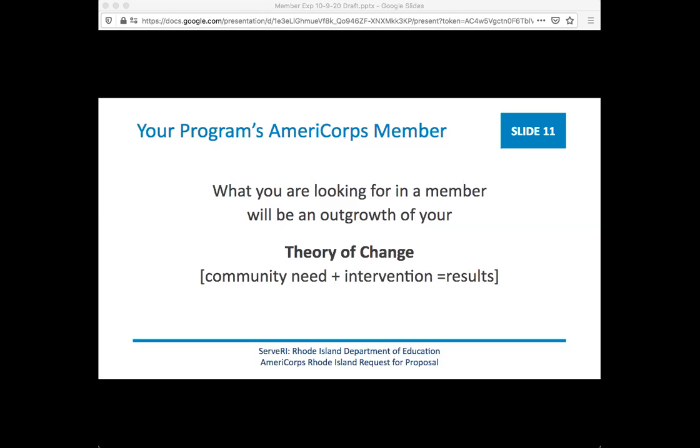For example, if your community need is low literacy, your intervention is going to be a reading program, and you hope your results are going to be better scores on literacy exams, then that means you're going to be looking for a member that has certain characteristics that will support that, versus if your community need were something else.